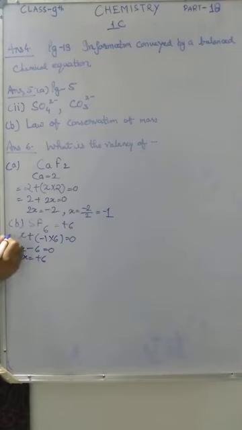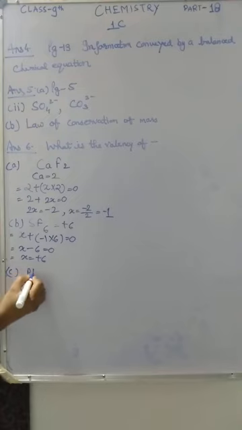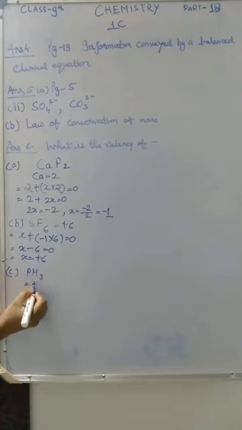So like this also you can find out the valency, or just you see the combining capacity of the other element and that will be the answer. Next one is PH3. You have to find out the valency of phosphorus in it. You can see that it is combining with 3 atoms of hydrogen, so its valency will be plus 3. Likewise also you can write.